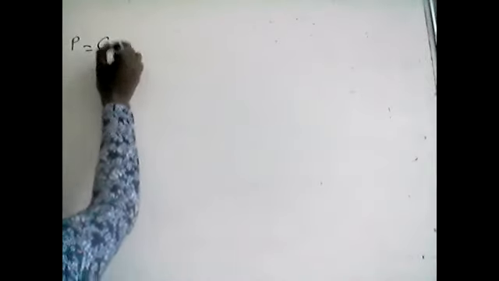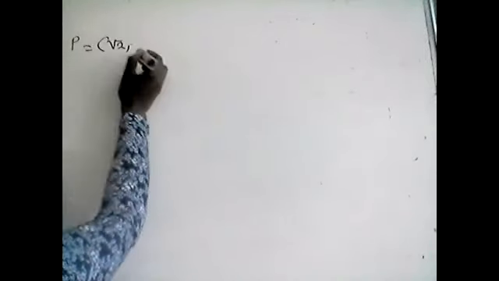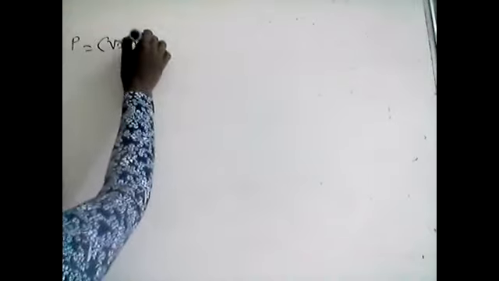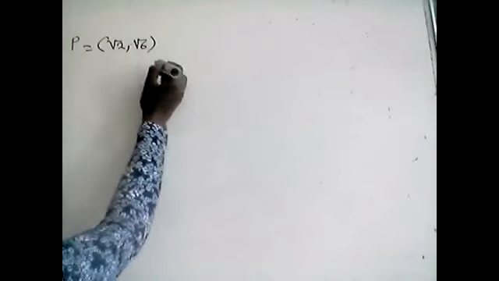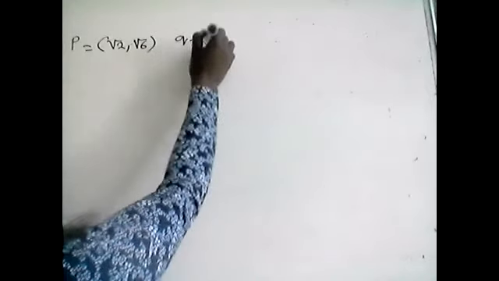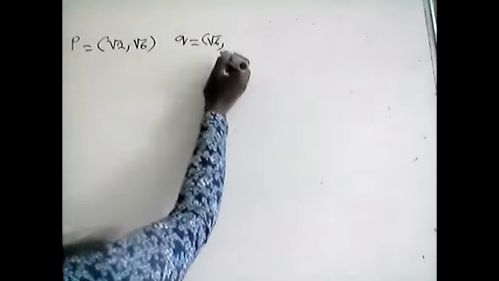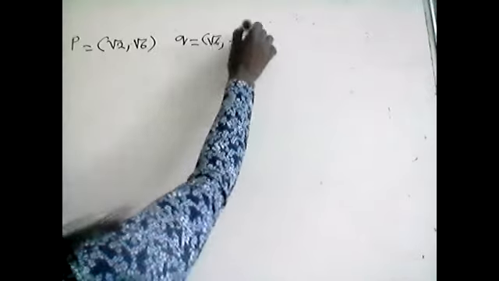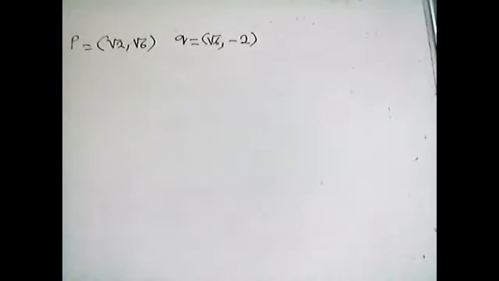So we have vector P, which is equal to √2, √6, and vector Q, which is equal to √6, -2.